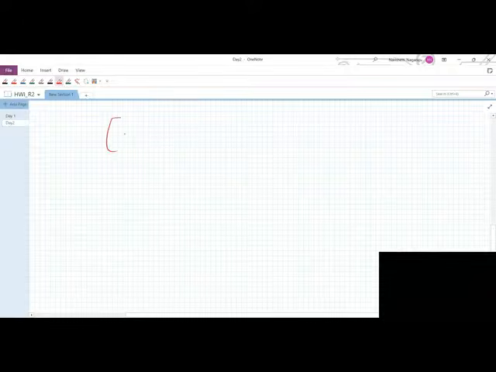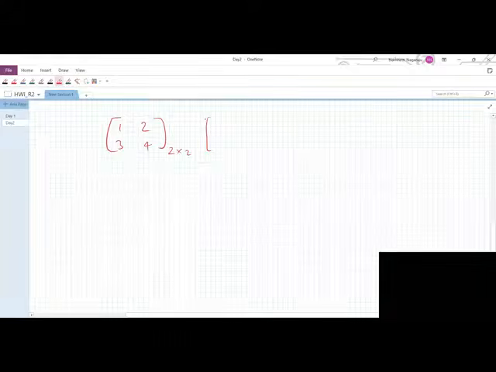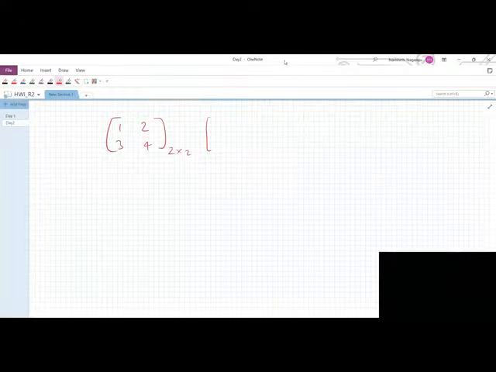Here are the two matrices, 1, 2, 3, 4, which is 2 cross 2. And here is the second matrix, 1, 2, which is 2 cross 1.